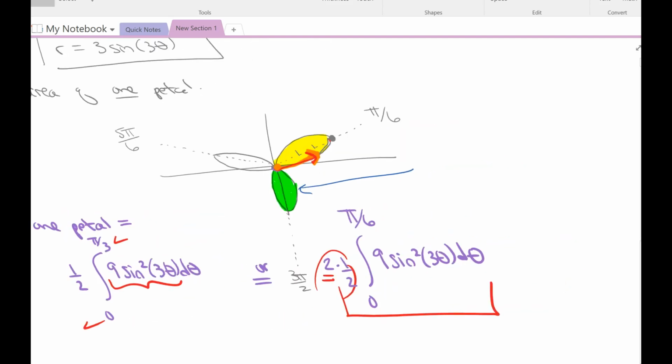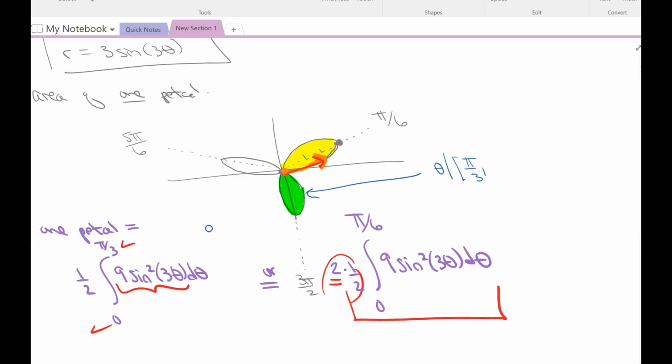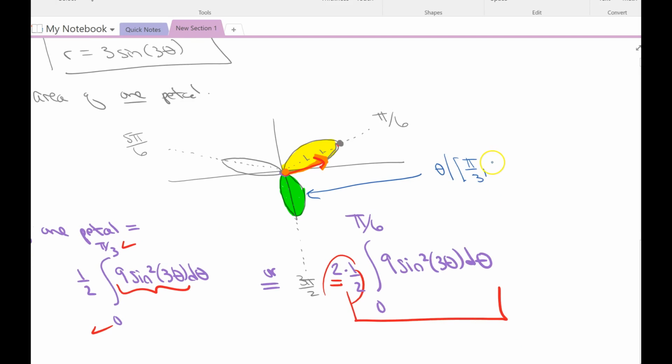If you want to answer it on your own, then replay me. But that green petal is traced out over the interval of where, everyone? Yes, pi over 3 to where? Well, what do you think? Pi over 3 to 2 pi over 3.